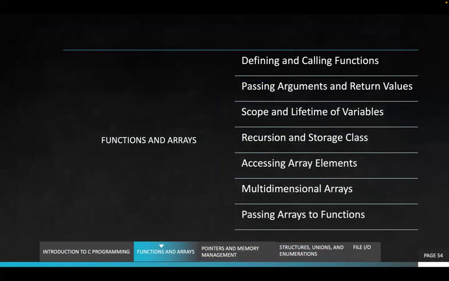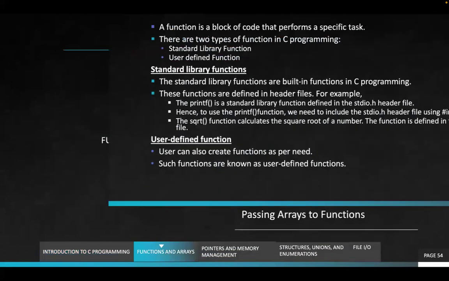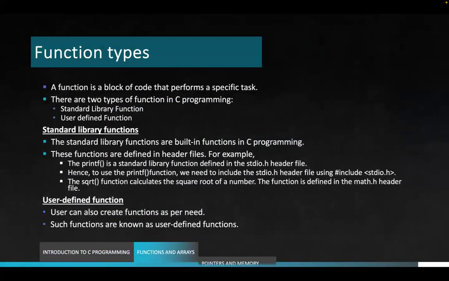So moving to the next concept, functions and arrays. Let's start with functions. What is a function and what are the different types of functions present in C? A function is nothing but a block of code that performs a specified task.